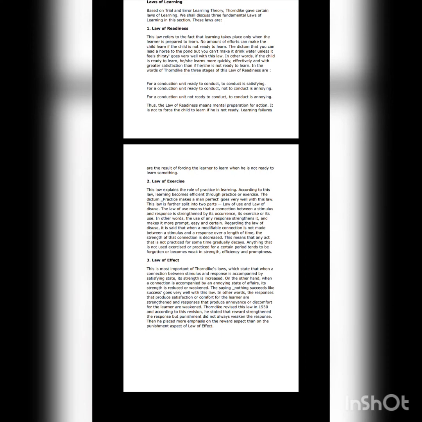strength, efficiency, and promptness. Third, the law of effect. This is the most important of Thorndike's laws, which states that when a connection between stimulus and response is accompanied by a satisfying state, its strength is increased. On the other hand, when a connection is accompanied by an annoying state of affairs, its strength is reduced or weakened.